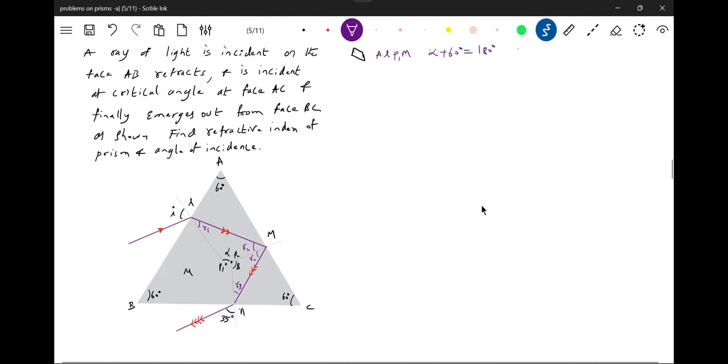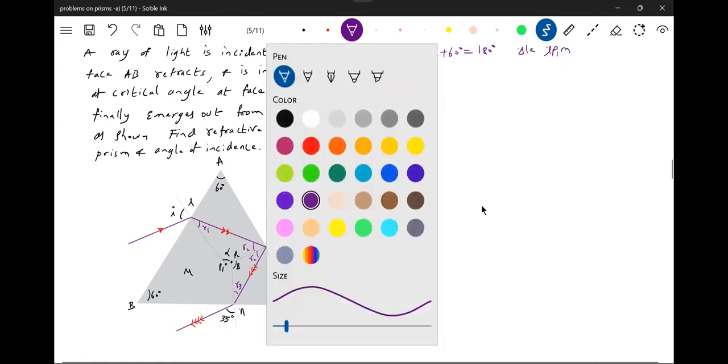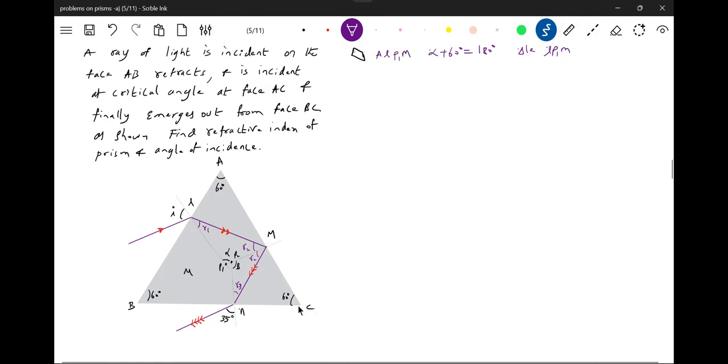Then in the triangle LP1M, I'll increase the font size. So alpha plus R1 plus R2 should be equal to 180 degrees.